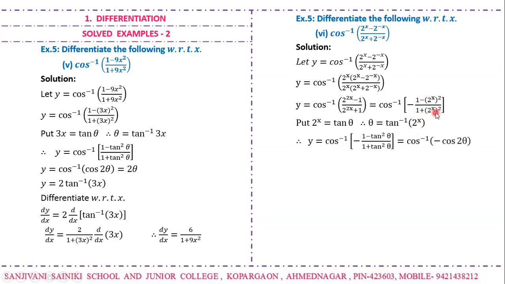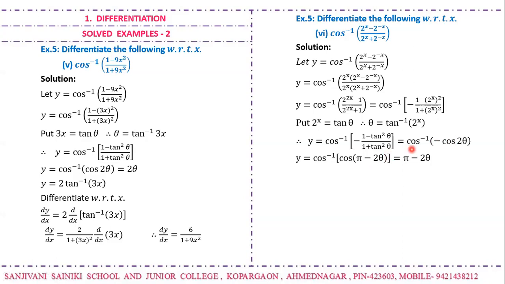Now after using this substitution, we get y is equal to cos inverse of minus 1 in bracket, (1 minus tan square theta) upon (1 plus tan square theta). It is nothing but cos 2 theta. So put this value of cos 2 theta, we get y is equal to cos inverse of minus cos 2 theta. That means y is equal to cos inverse of cos (pi minus 2 theta), because cos (pi minus theta) is nothing but minus cos theta.